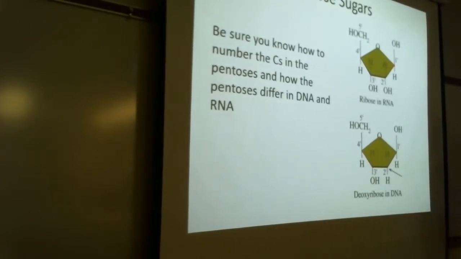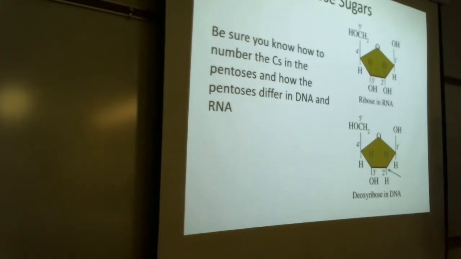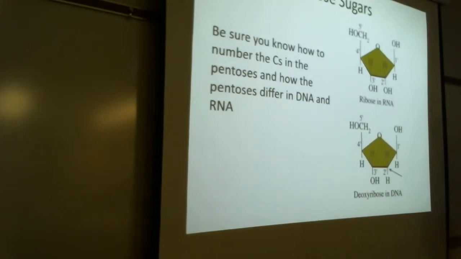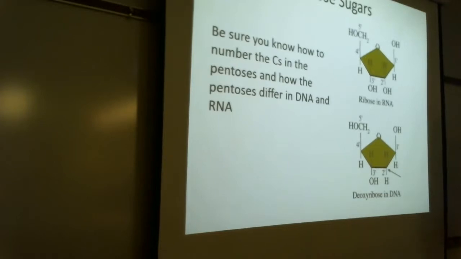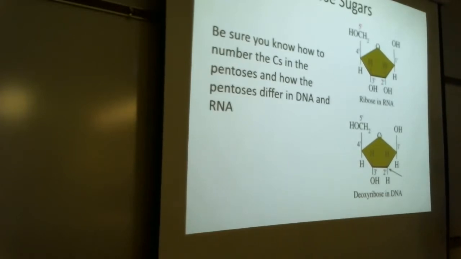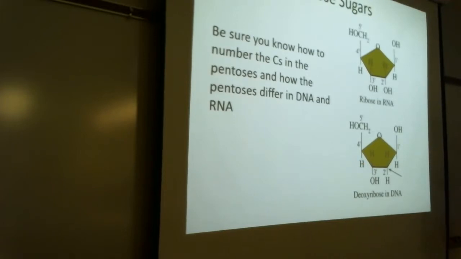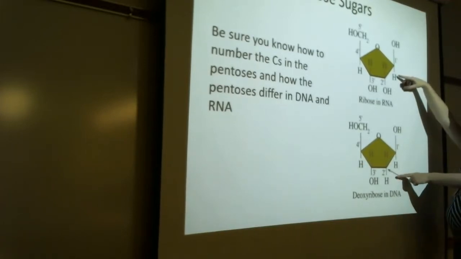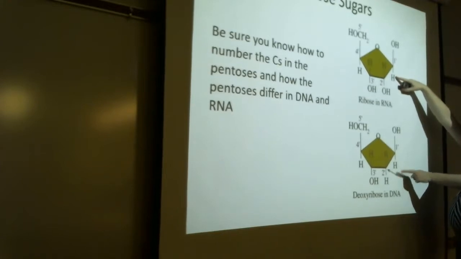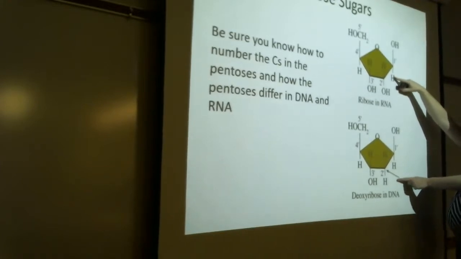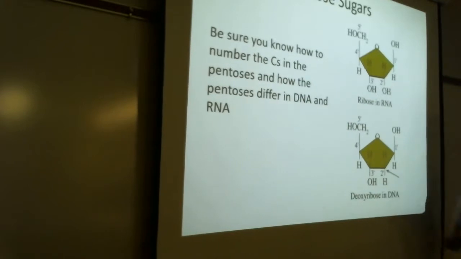We're numbering these carbons the same way we did last week when we were numbering the carbons in monosaccharides and polysaccharides, right? Starting here, 1, 2, 3, 4, 5. Be able to explain how the pentose sugar, the ribose in DNA differs from RNA, right? That's a big, big difference.